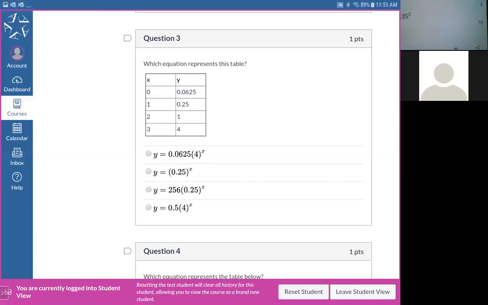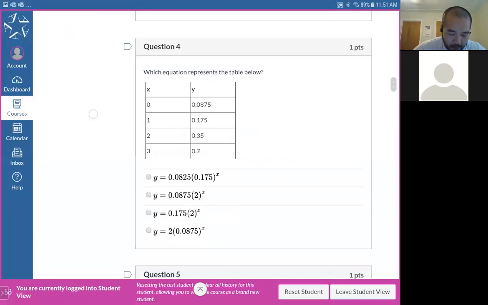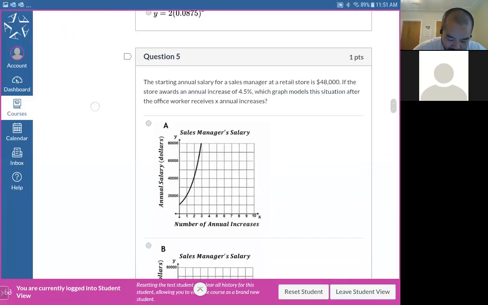Okay, that got me 16, so it's not C. Maybe let's try the first one. 0.0625 times 4 to the 1 is 0.25, to 2 is 1, and then 3 is 4. There we go. That's the answer to this one. I'm not going to mark it. Make sure you're paying attention. You just do that.